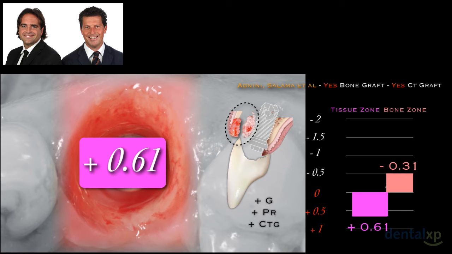So we are thinking that probably the connective tissue graft is really working in these kinds of cases. Of course, you have to diagnose them correctly, and you have to carefully perform every single procedure, from the surgical protocol to the prosthetic protocol, to achieve this kind of result. And in the bone zone we had a minus 0.3, that is more or less comparable to what Stephen Chu, Team New York and Team Atlanta achieved in their dual zone study.